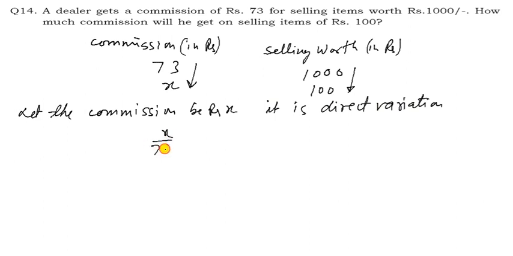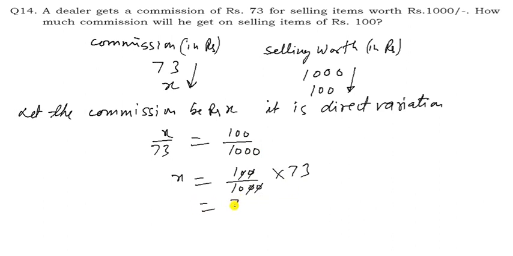So here x upon 73 is equal to 100 upon 1000. So x is equal to 100 upon 1000 into 73. 0 will be cancelled out with 0, and 0 will cancel out. So we get 73 upon 10. So you can say 7.3 rupees. So the answer is rupees 7.3, and that is the commission.